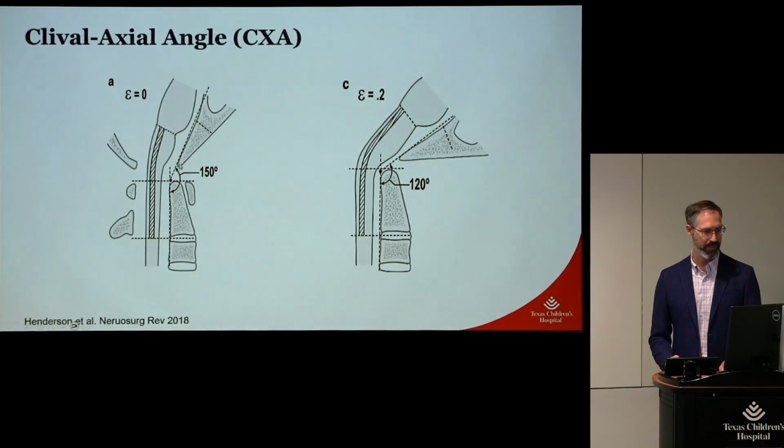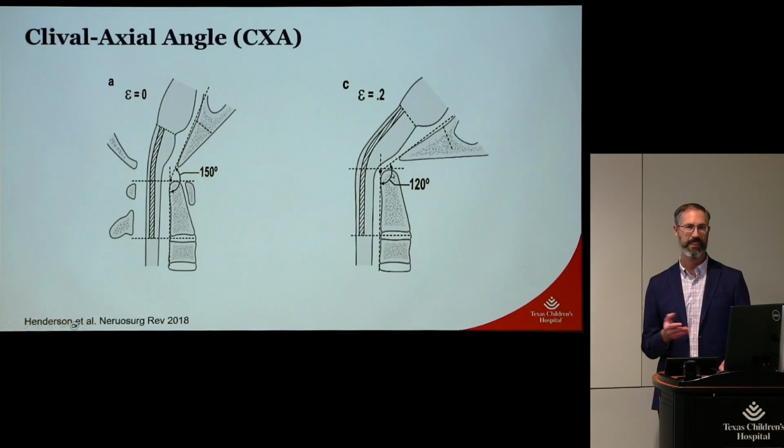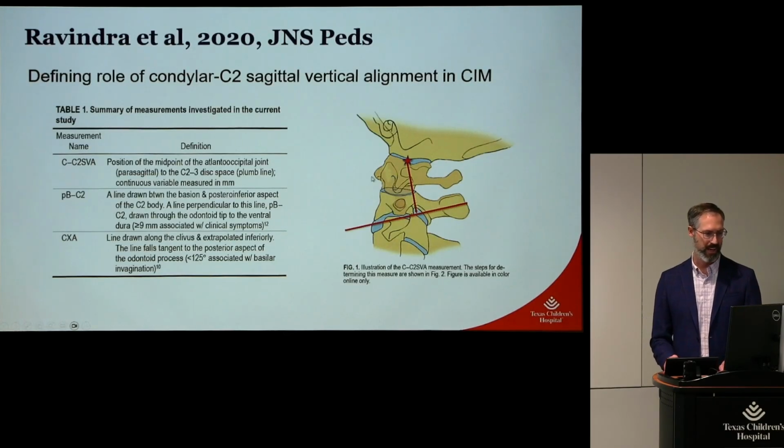Another way that symptoms could happen would be if the angle between the skull, this is the bottom of the skull, and the top of the spine becomes acute. So you can see when the angle becomes acute, then this is the brainstem, and you can see how it's stretched and potentially compressed by the spine, and that could potentially cause problems.